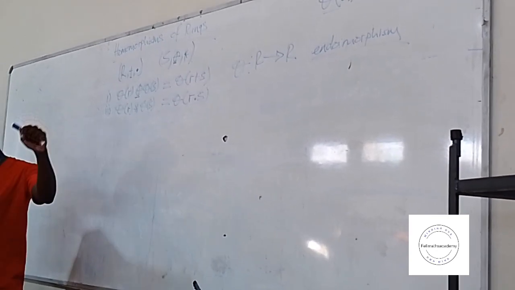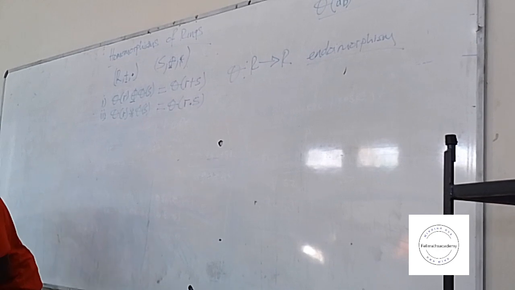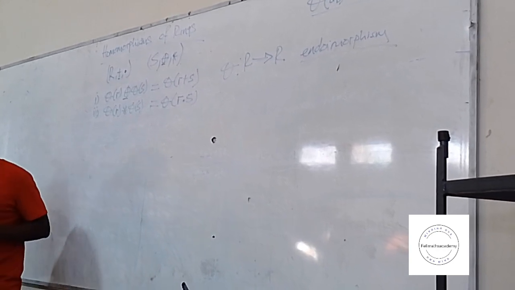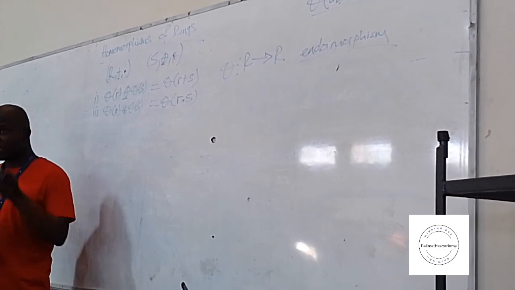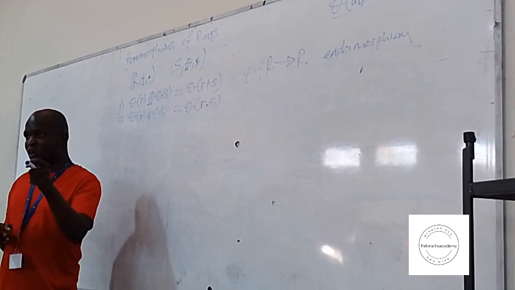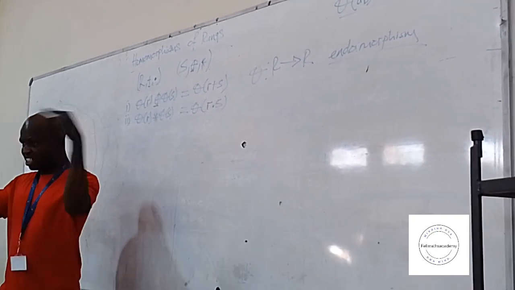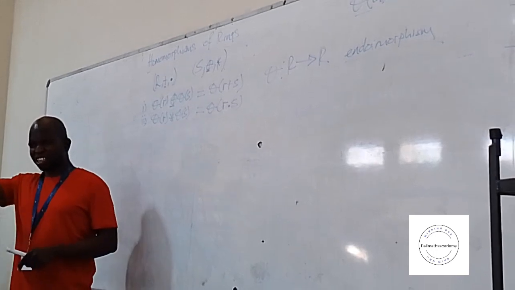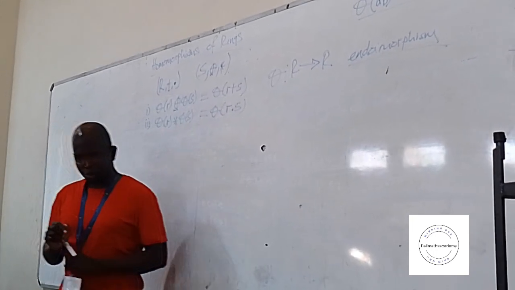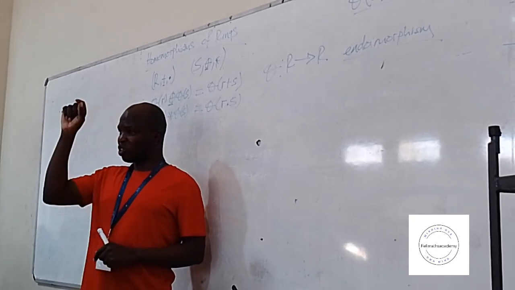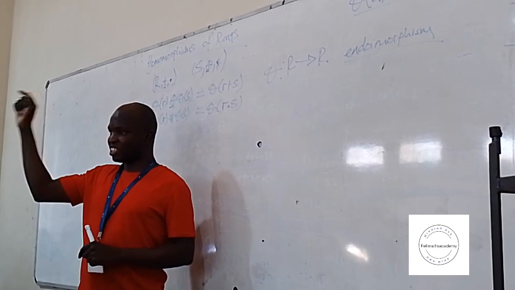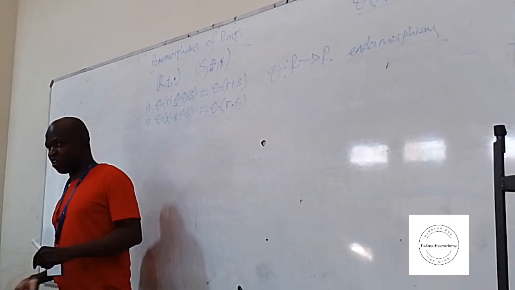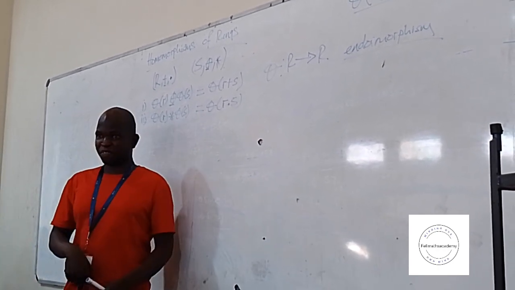Then the new one, the endomorphism, which is an epimorphism of a ring into itself. It's a special type. In groups it is automorphism, which maps into itself and is bijective.